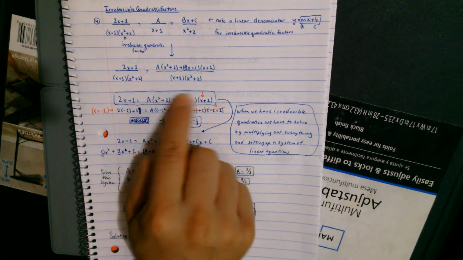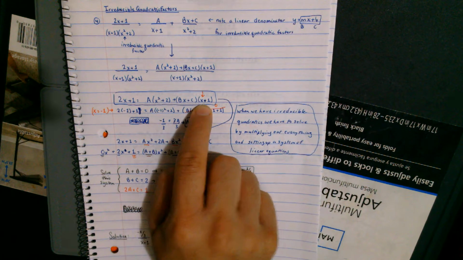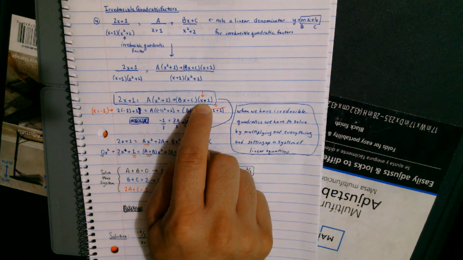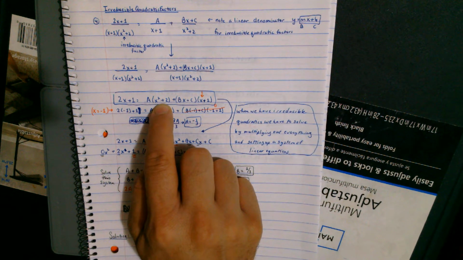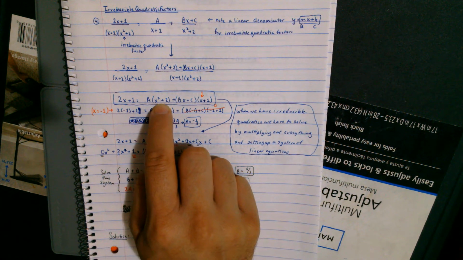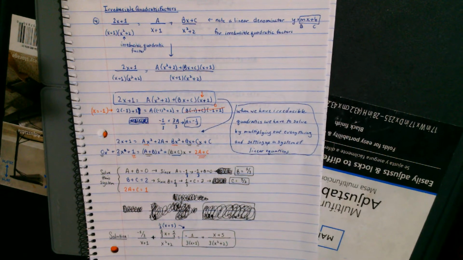Now, the only problem here is this. Essentially, I only have one number for x I can plug in to make one of them 0. I can't do anything with the other, because if I could pick an x value and make it 0, then this would be factorable. It would not be irreducible. So I have to be worried about that.